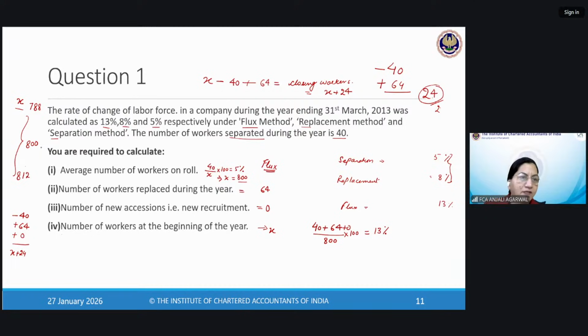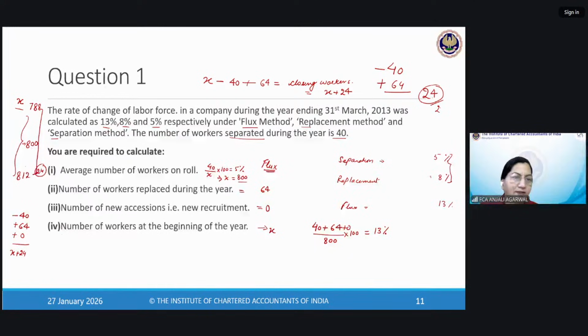So as there was a movement of 24, if you have the average, you can add 12 to this or deduct 12 from this. So the average is 800, and there is a change of 12. The flux is here, the change is 12. From the average, you have 12 less, and from the average, you have 12 more in the closing.